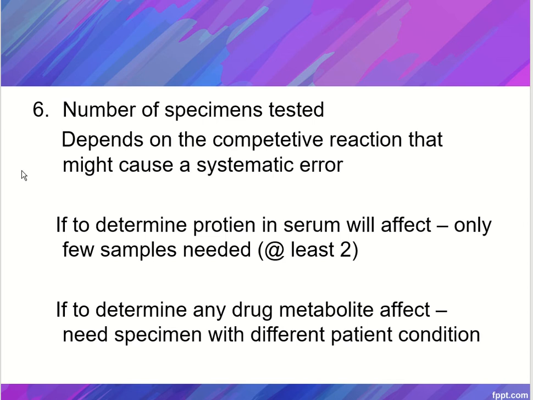And number 6, the number of specimens tested depends on the competitive reaction that might cause a systematic error. To determine protein in serum, only a few samples are needed, at least 2 specimens. To determine any drug metabolite effect, you need specimens with different patient conditions.